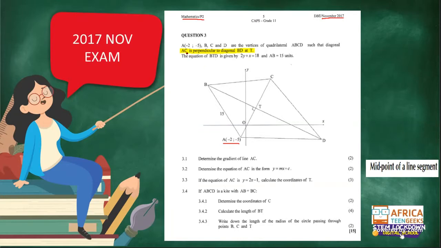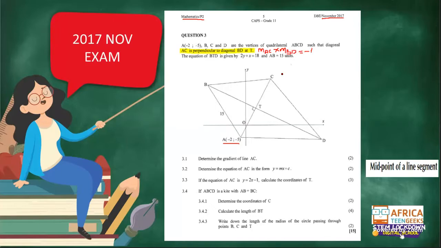If AC is perpendicular to BD at point T, we can say the gradient of AC multiplied by the gradient of BD will be equal to -1. So thank you for your answer, guys.